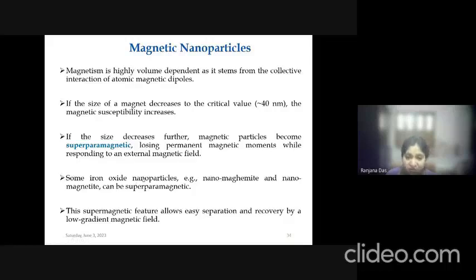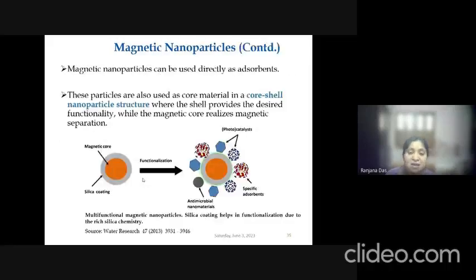That is better separation. You are adding this adsorbent, but you can also remove the adsorbent in a very easy manner. That is, no filtration, no centrifugation, no other techniques, that is the long process you have to apply.